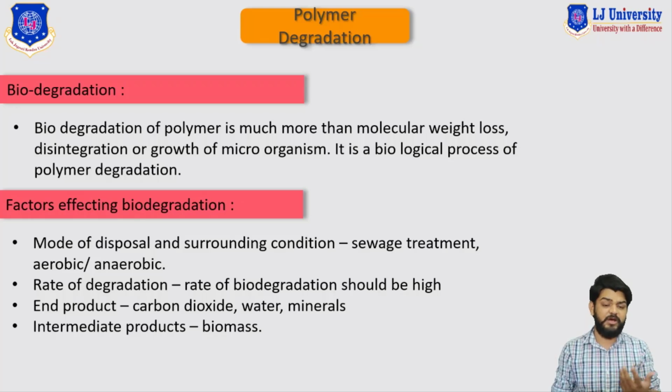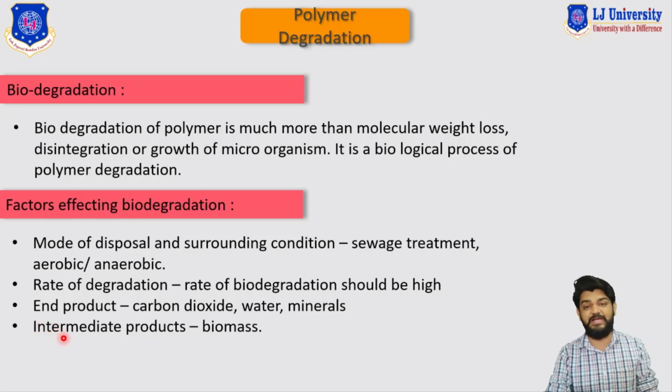Then we have the rate of degradation. Our polymer should have a higher rate of biodegradation, which means your polymer should be easily biodegradable, right? We have to focus on polymers which can be easily biodegradable. Your rate of biodegradation should be high, because your polymer will easily degrade once it has been used or its service life is over. Then the next factor is the end product and the intermediate product.